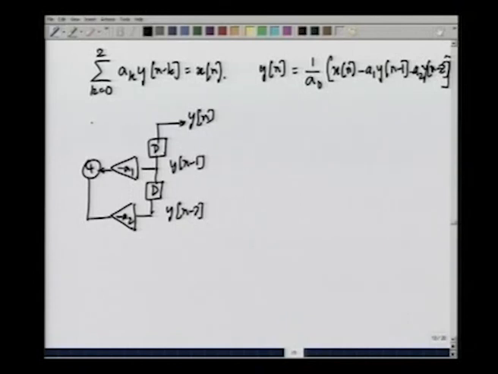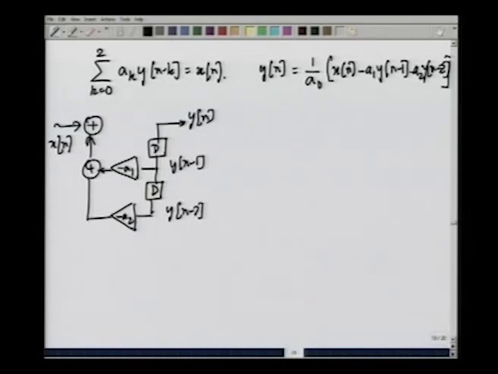Now, you have these two things plus xn, which complete the picture in some sense. Xn plus minus A1 times yn minus 1 plus minus A2 times yn minus 2. What is all this equal to?